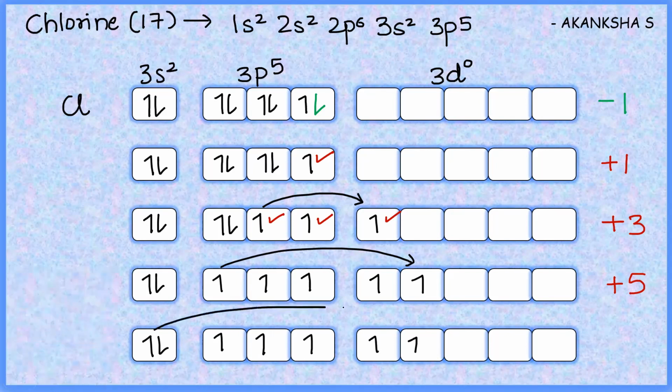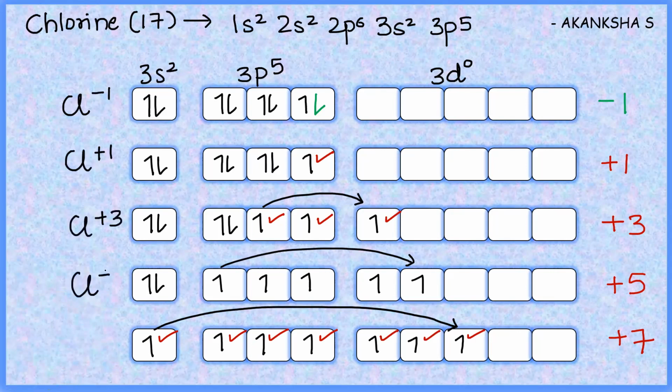You are unpairing again, so all of them become unpaired: 1, 2, 3, 4, 5, 6, 7. So +7. So the states allotted are -1, +1, +3, +5, and +7, right? These many ways we can go.